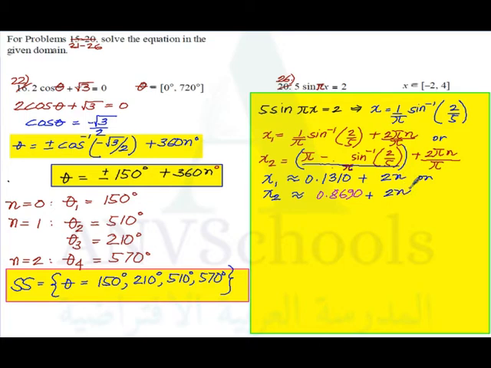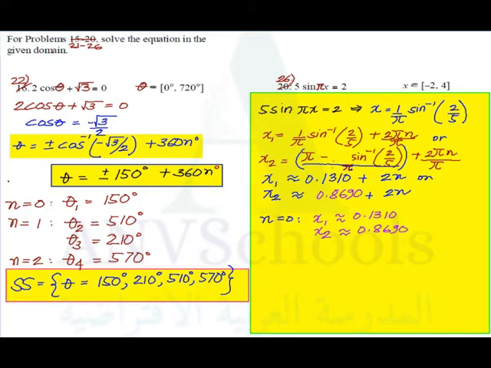Okay, so if our n is equal to 0, then we have x1, a value for x which is equal to 0.1310. And for this portion, we have x2 approximately 0.8690.